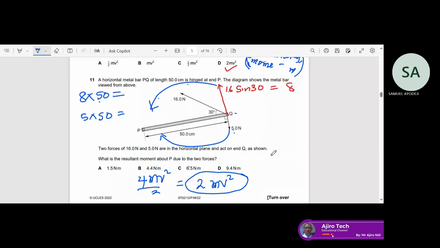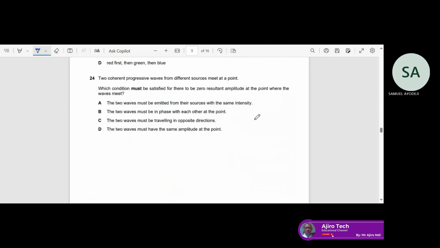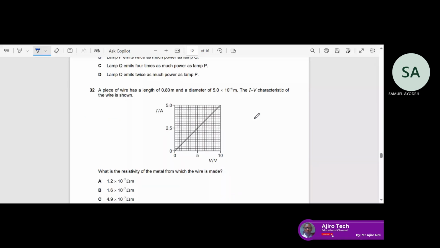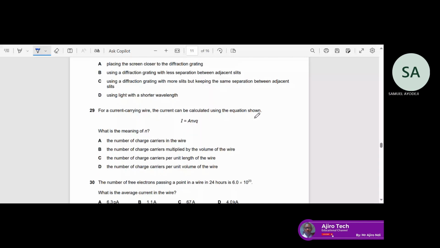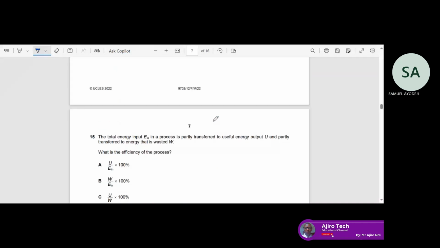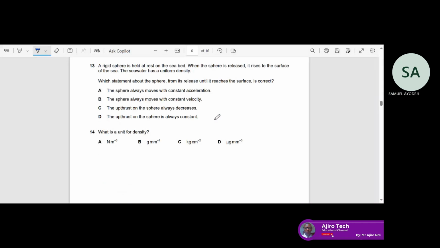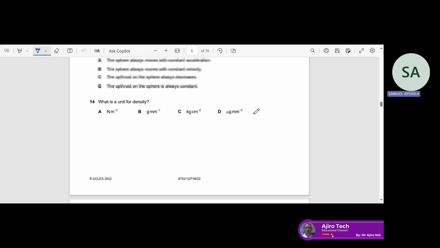Number 14, 1 4. What is the unit for density, please?